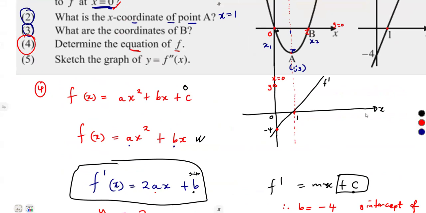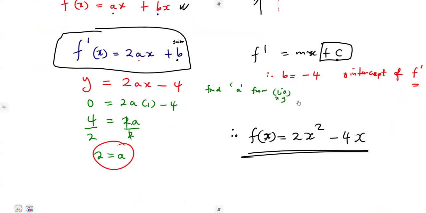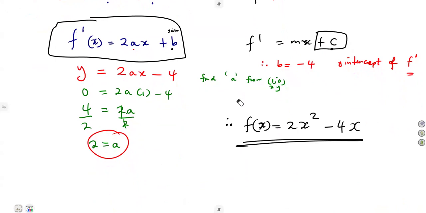Then another part is sketch the graph of y is equal to the second derivative of x. The first derivative is a linear function, and this is what we have here on your first derivative.